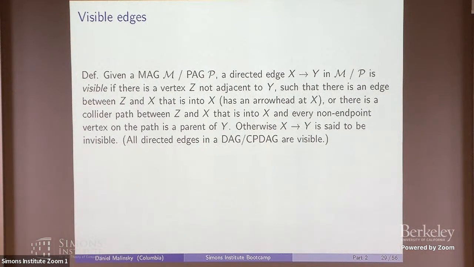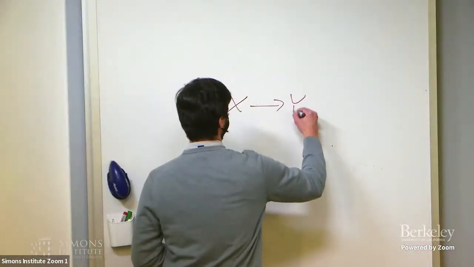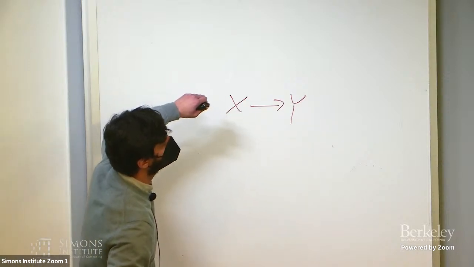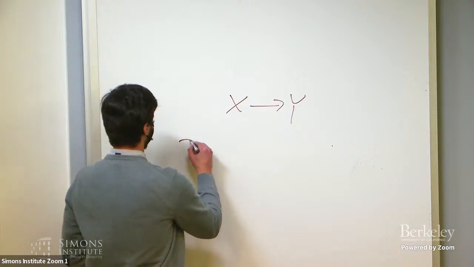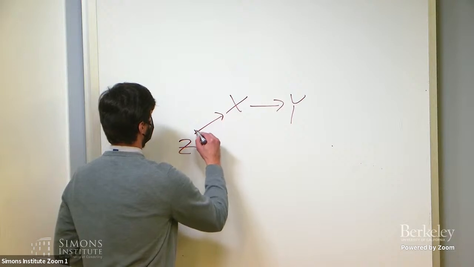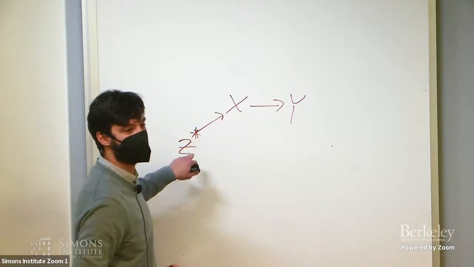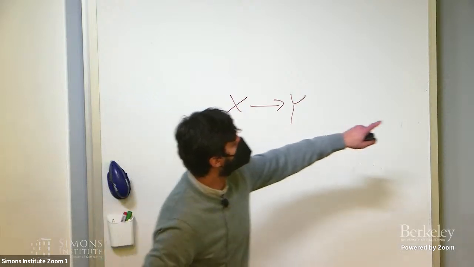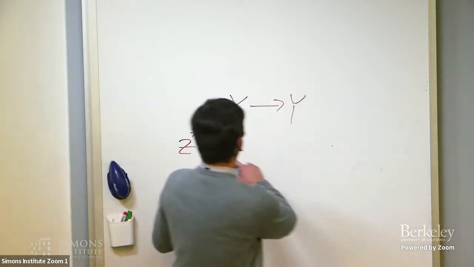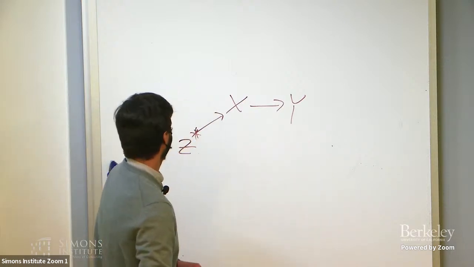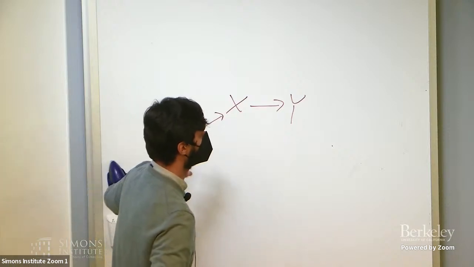So what does that mean? It's kind of hard to parse. It says that I'm interested in this edge between X and Y. The first part of the definition says, if there is an edge between Z and X that is into X, where I can let the other endpoint be anything I want, and Z is non-adjacent to Y, then that's the first case.